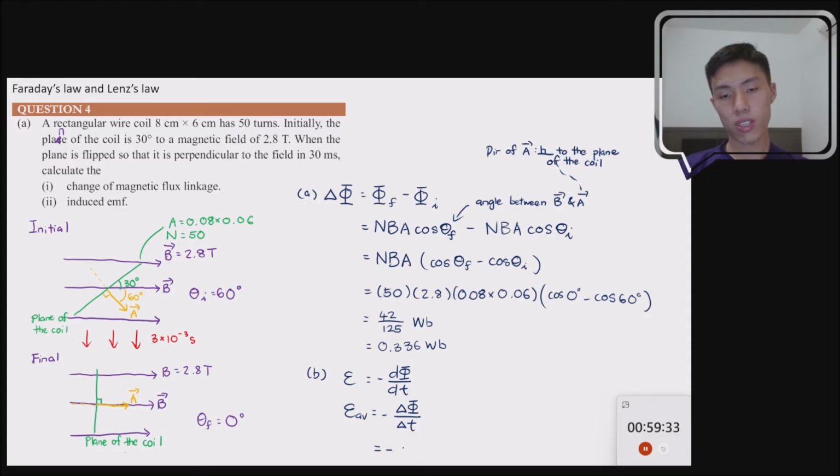So above we'll be substituting the change of magnetic flux linkage that we obtained from question A. So that is 0.336. Below we're going to substitute the duration for it to happen. For it to change from initial to final, the time taken is 3 milliseconds. 30 milliseconds. Oh, almost made a mistake here.